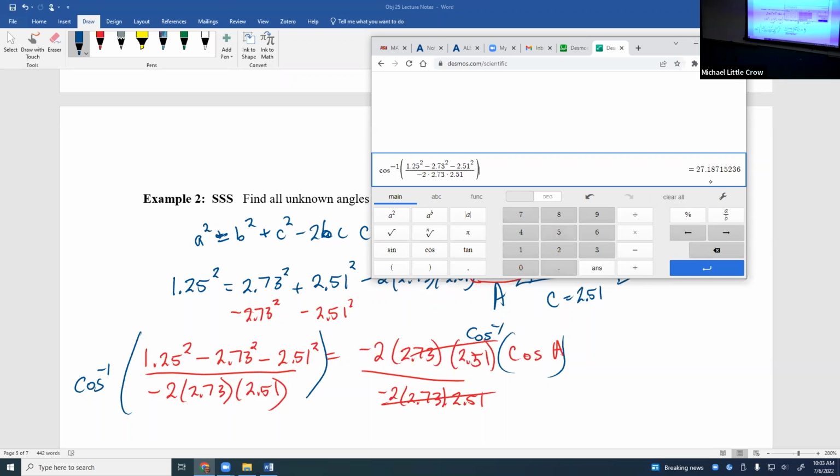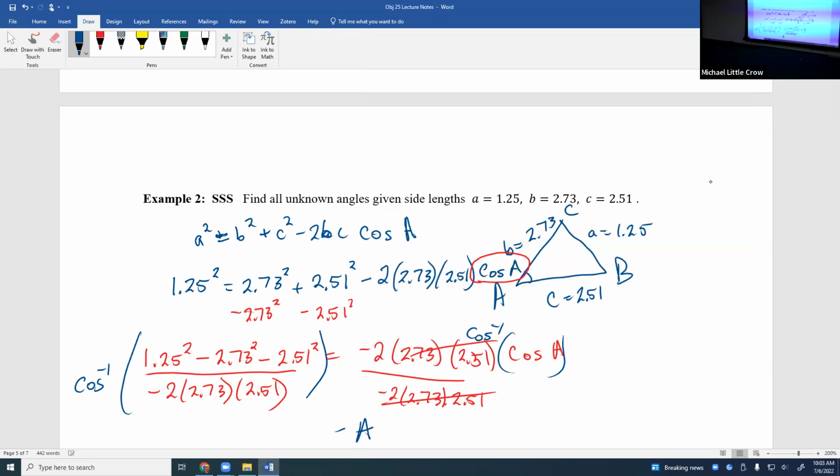So that was angle A. Now, since the sides are fixed, all we have to do is find B or C. We can use the law of sines, get that, and then find the angle we didn't find by adding together and subtracting.